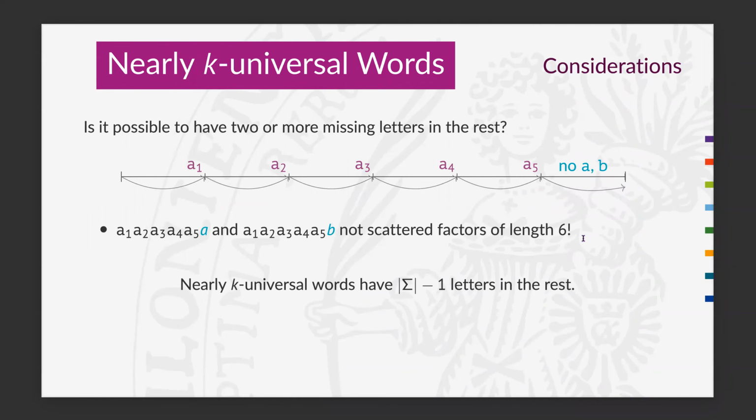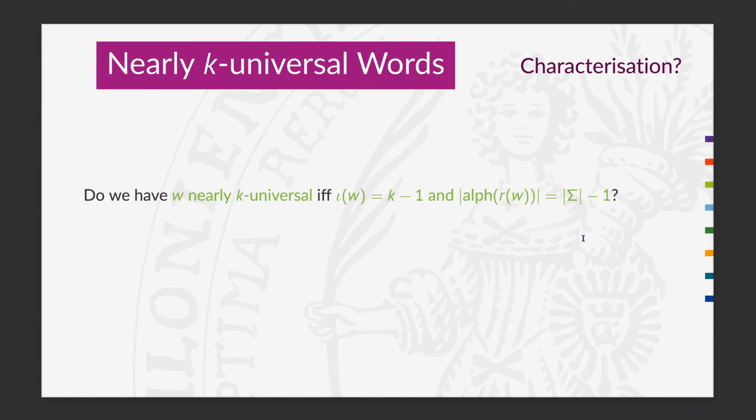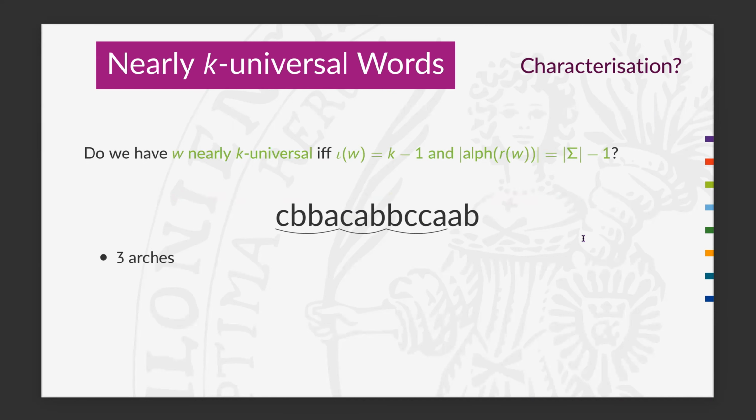The question is, do we have a characterization by now? So can I say W is nearly K universal if and only if I have K minus 1 arches, and the cardinality of the rest alphabet is the cardinality of sigma minus 1? Let's look at this example.